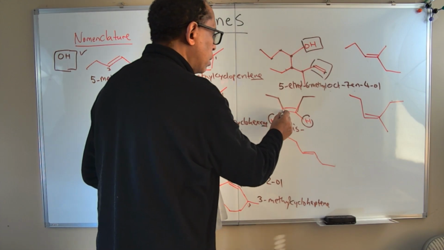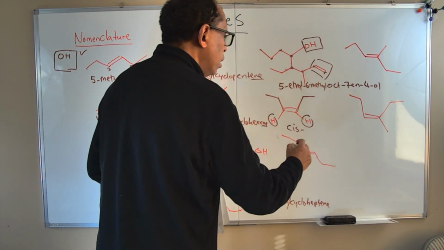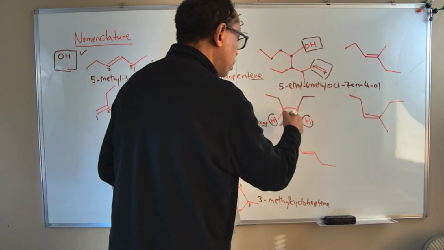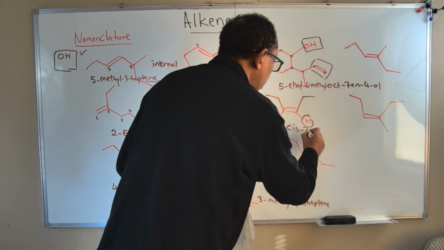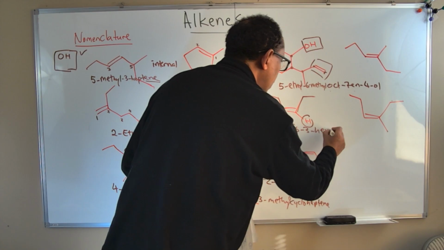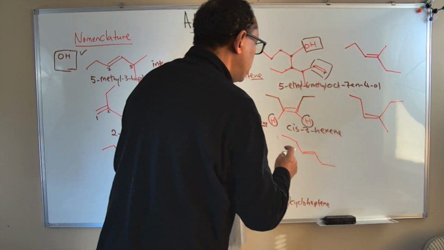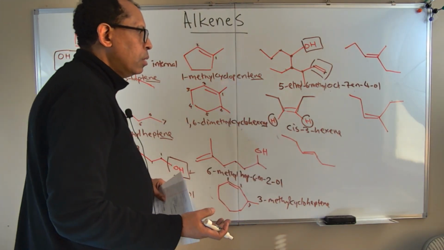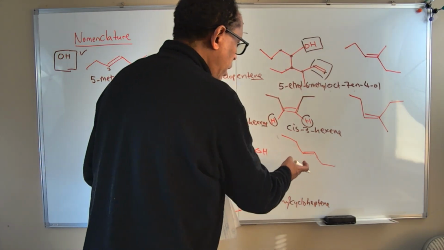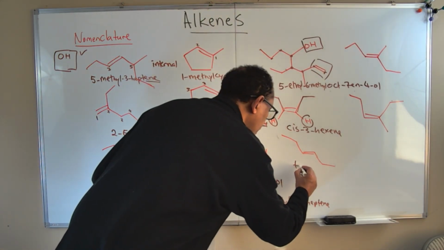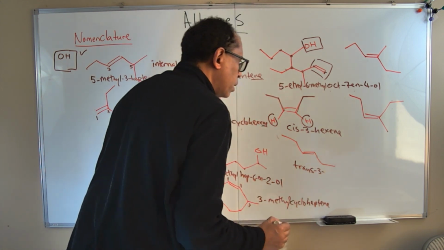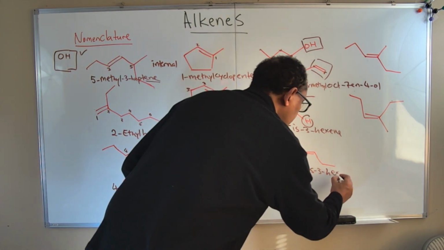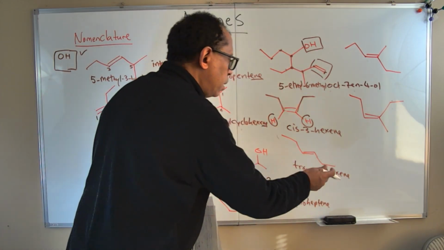At 1, 2, 3 position I have a double bond, 3. So this would be a cis-3-hexene. In this case, this would be trans-3-hexene. That's what I just introduced, cis and trans.